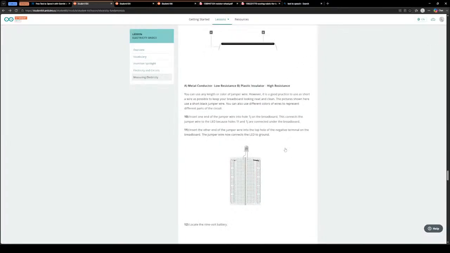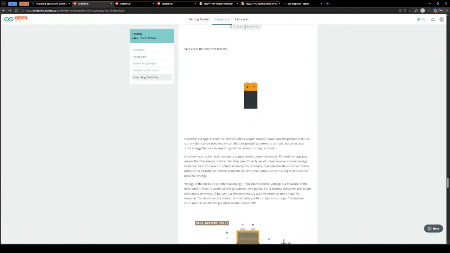There is no F. Oh, F. Set the other end of the jumper wire to the battery.